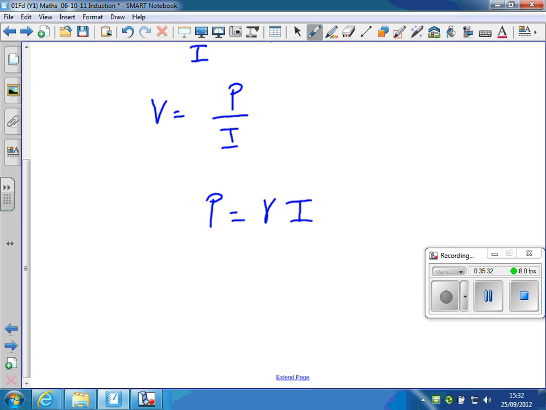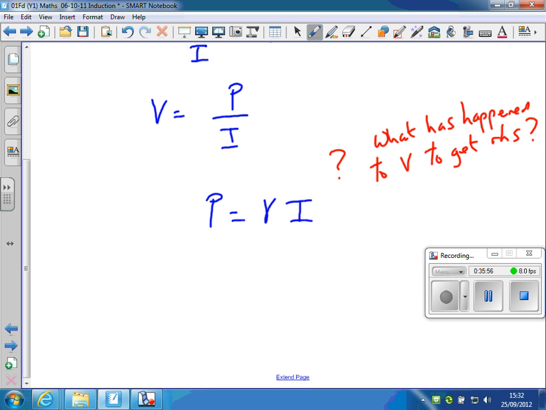I want to end up with a formula for V. So I ask myself the question: what has happened to V to get what's on the right-hand side? What have I done? Times it by I, haven't I?